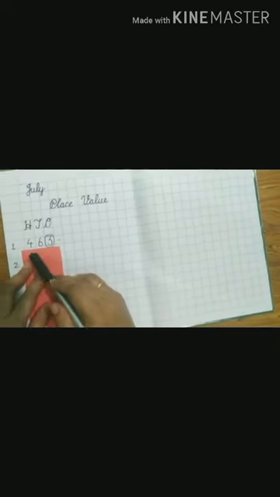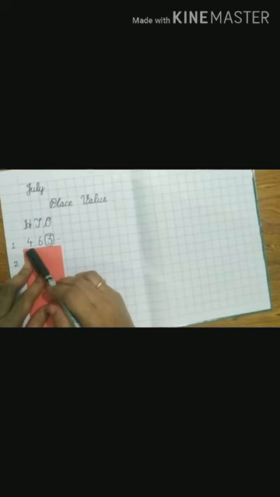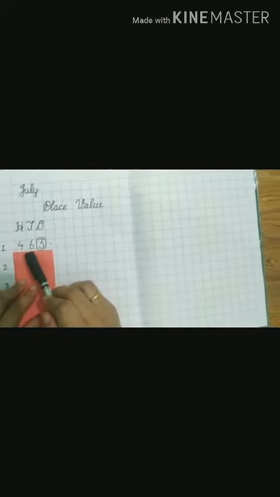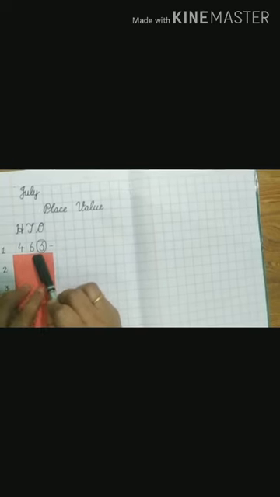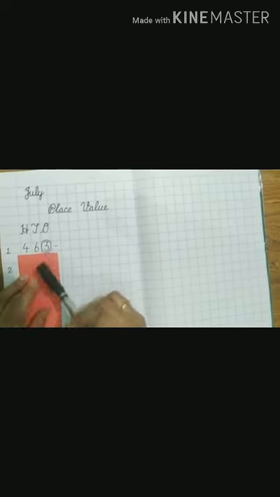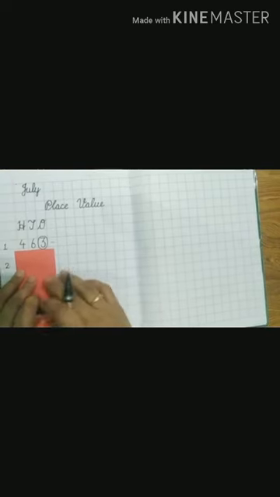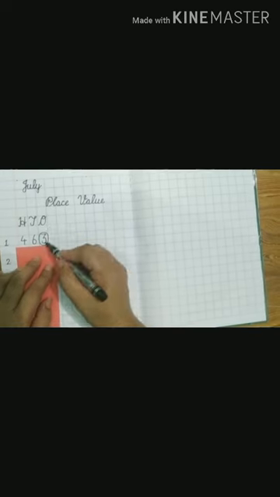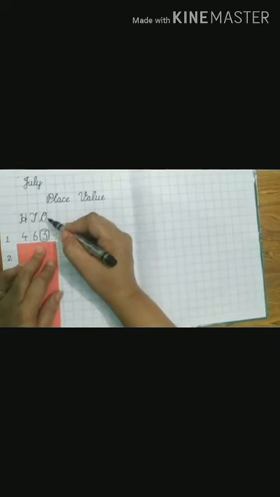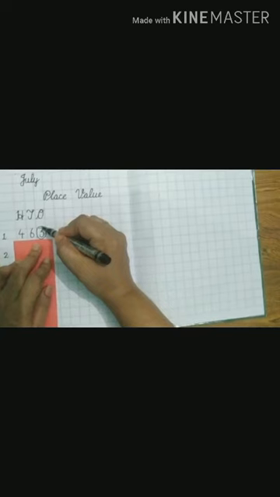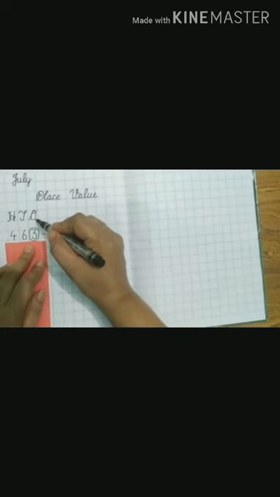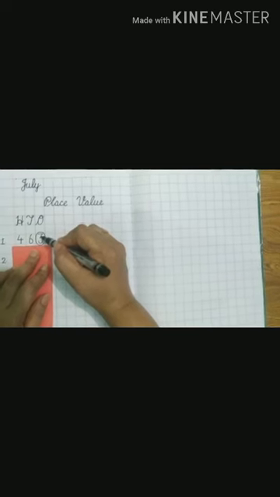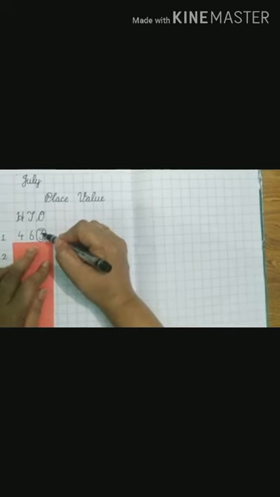So let's start with the first one. Here the number is 463 and we have to find out the place value of 3. Students, you can see that 3 is under the heading O, and you already know that O stands for ones. So, what is the place value of 3?